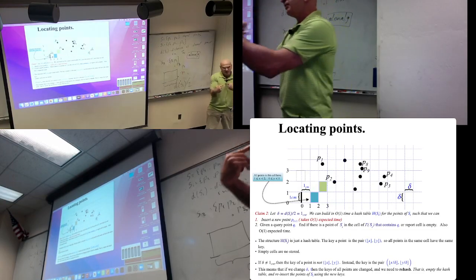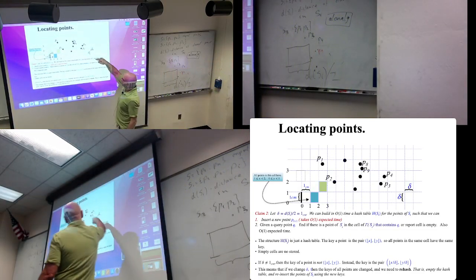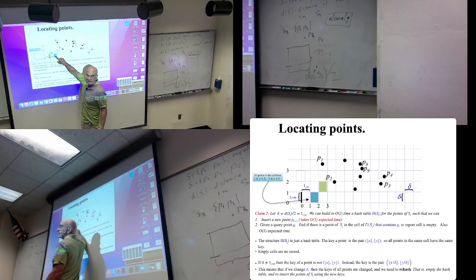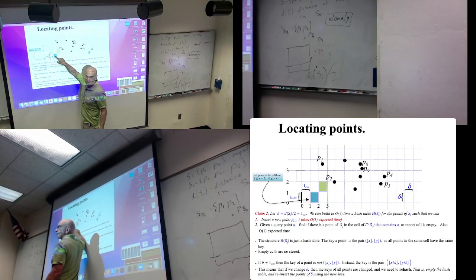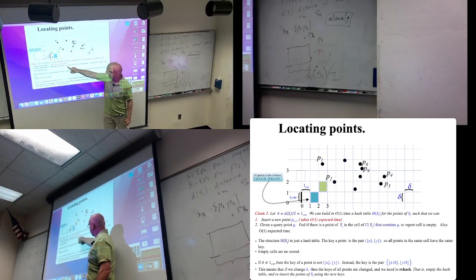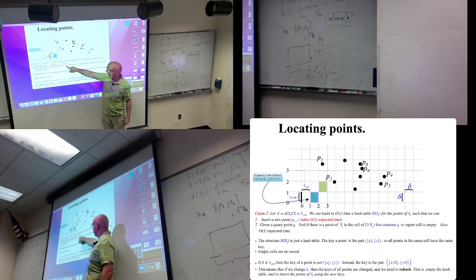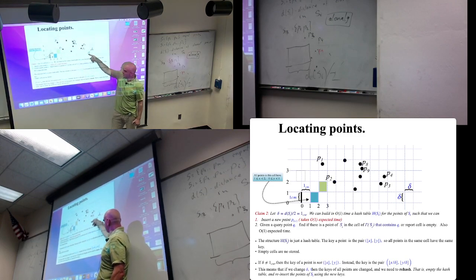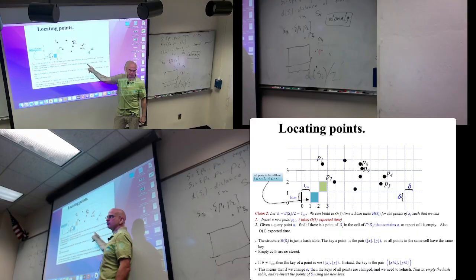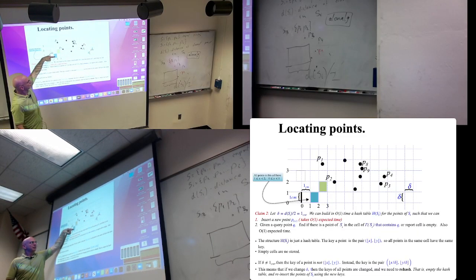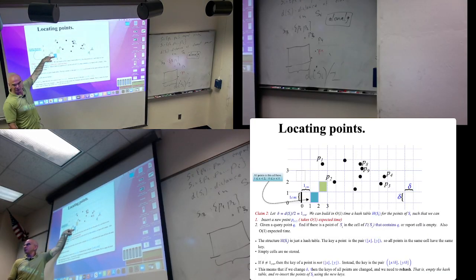And notice that by using the hash table, if now we have a query point that landed right here, it might be a data point or not a data point, I don't know. But if I have a query point, Q, I can find if there is any point of Si in the cell of the grid that contains Q. Convoluted sentence. I have a query point where my finger is. I want to know if there is any point of Si.